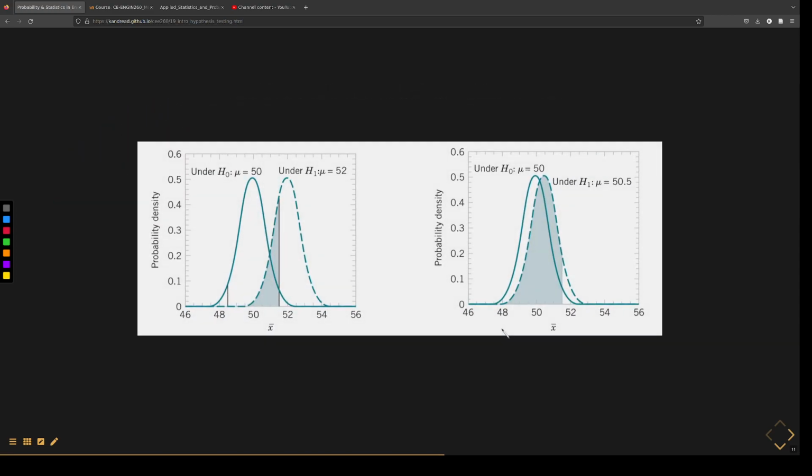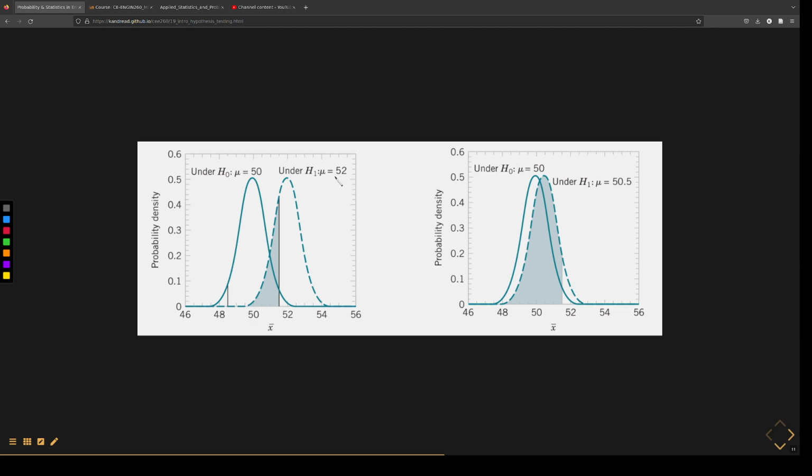And we can see this in these two figures here. So if we start out with the left figure here, you'll see that we have the null hypothesis, which is a mu of 50. And then we have the alternative hypothesis, which is that mu is equal to 52.